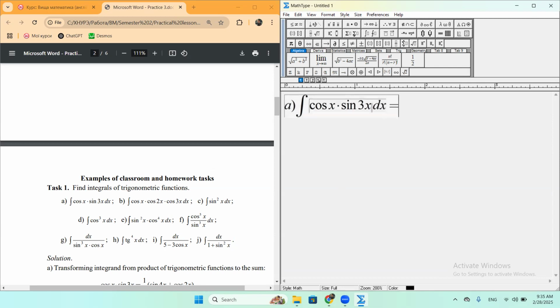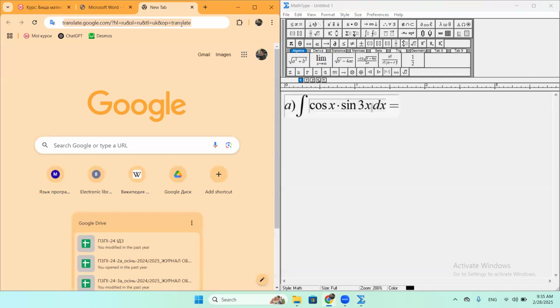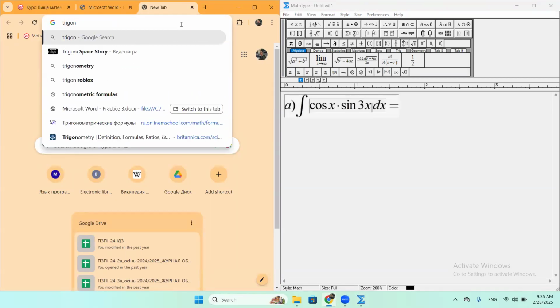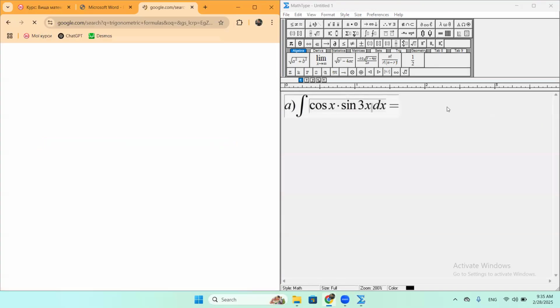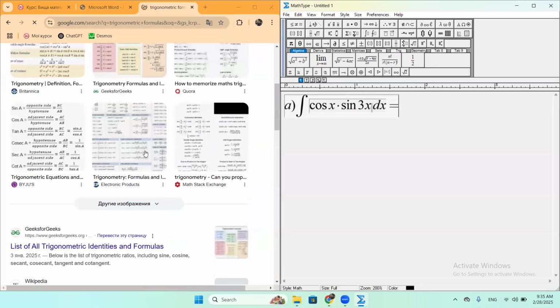We don't have a formula for the integral of a product like for derivatives, where we can differentiate a product easily. But for an integral, we have to transform it somehow. So we need to transform the product into the sum. So let's look into formulas.